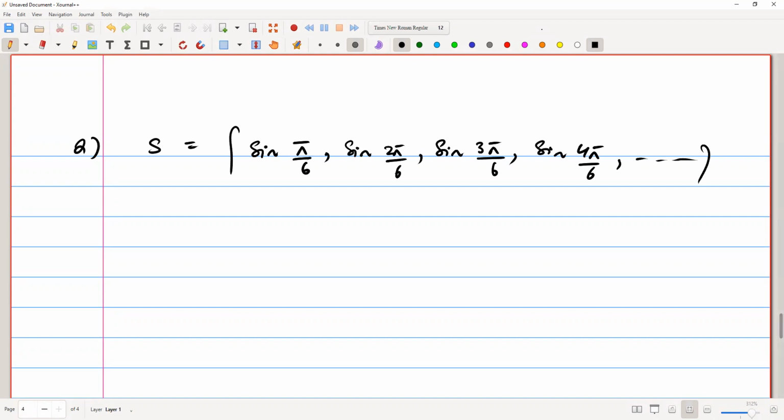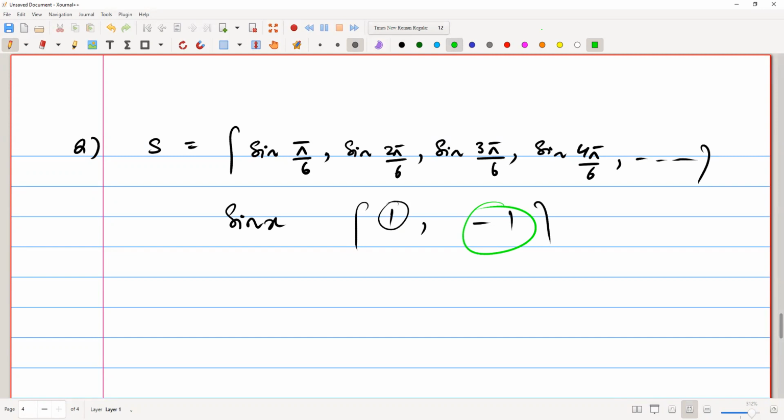Now for this set, this is a tricky one, but it's easier if you know that the function sine x is always bounded between 1 and -1, because the maximum value that sine x can attain is 1, and the least value that sine x can attain is -1.